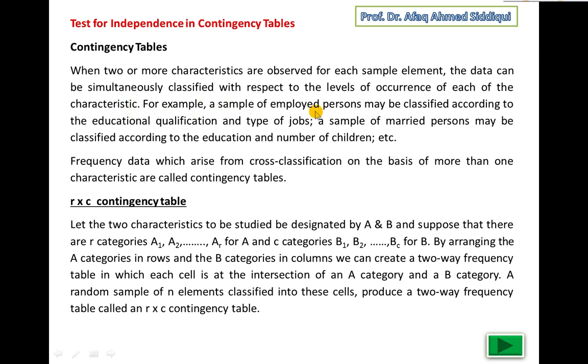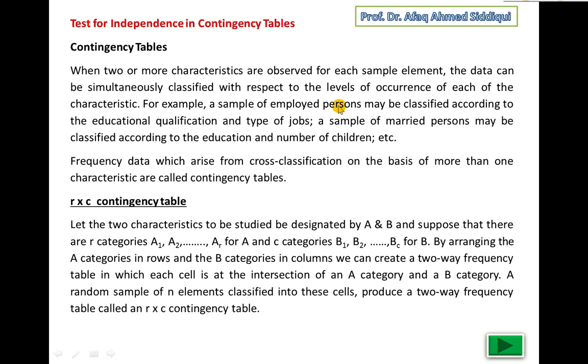For example, if you collect the data of employed persons, a sample of employed persons may be classified according to educational qualification and type of job. Suppose you want to study whether educational qualification and type of job are independent or dependent.